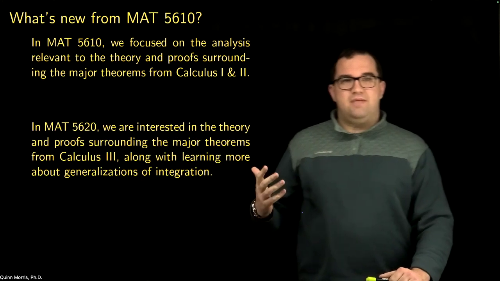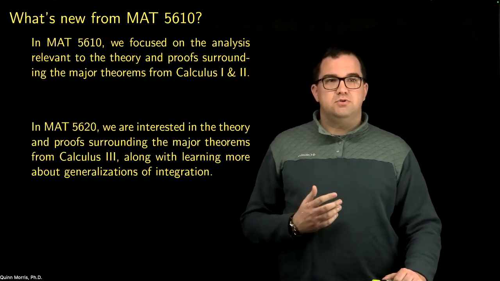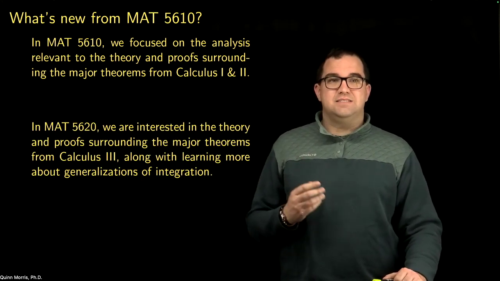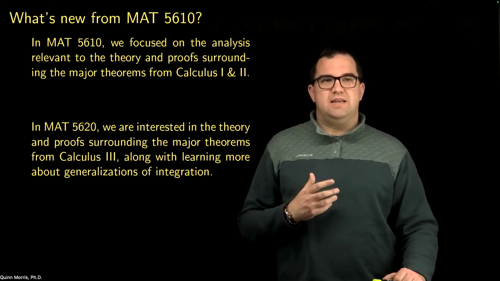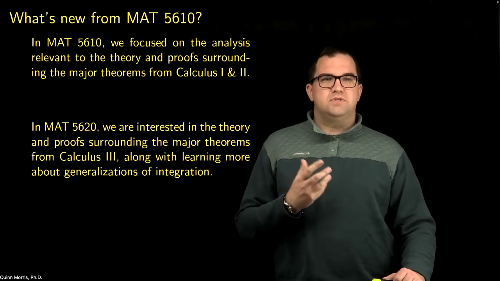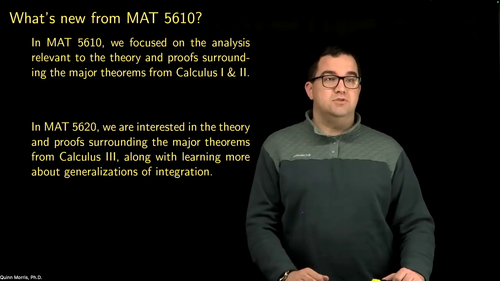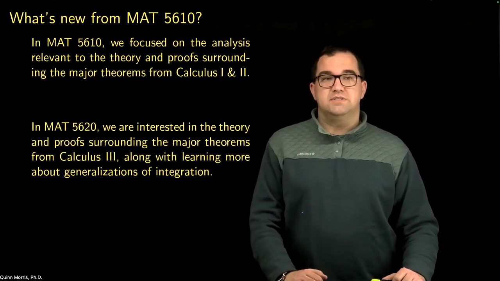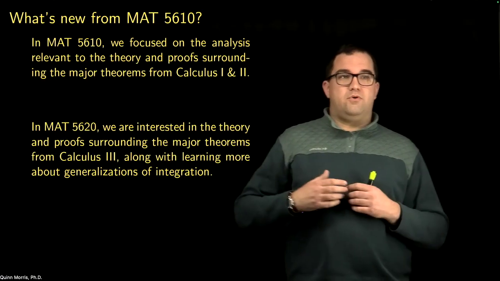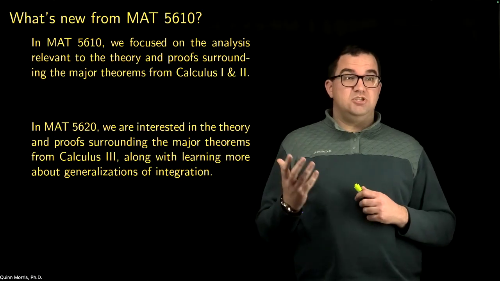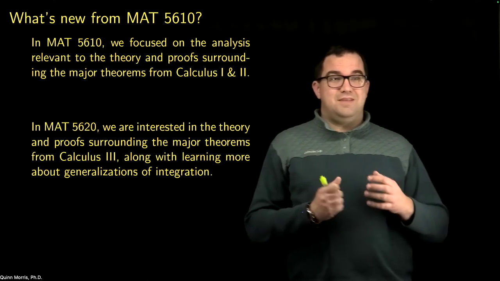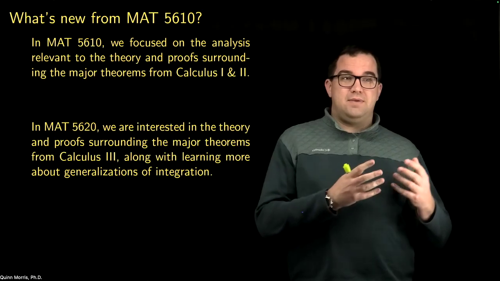So if you think back to Math 5610, we focused most of our work on the analysis that was relevant to understanding the theory and the proofs behind the major results from Calculus 1 and 2. So for example, we talked first about some basic topology of R in the hopes of then understanding a little bit about limits.